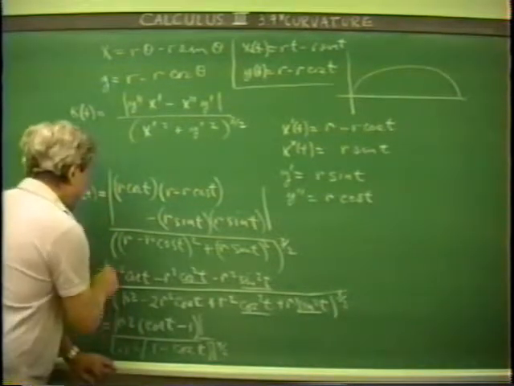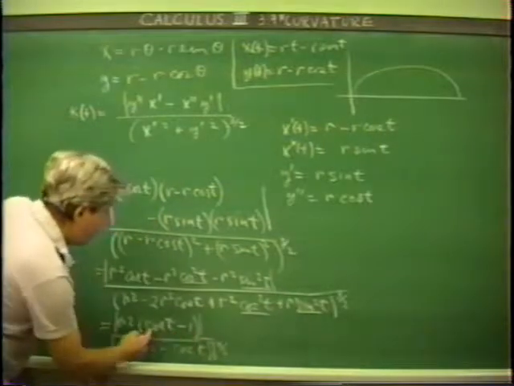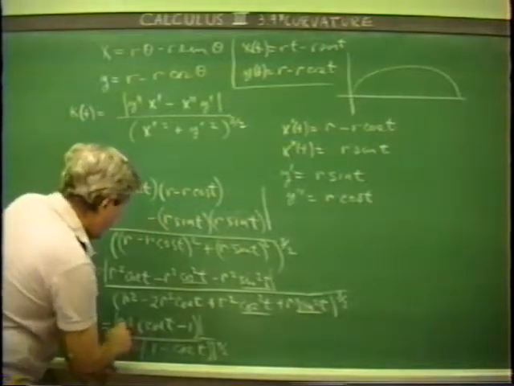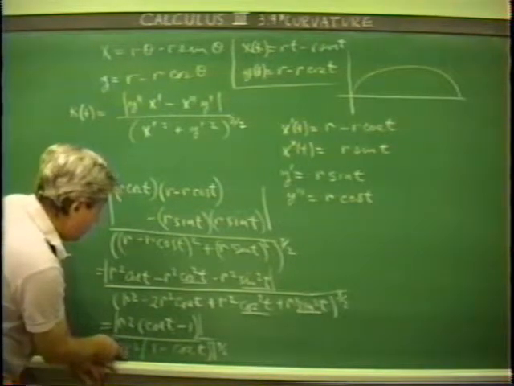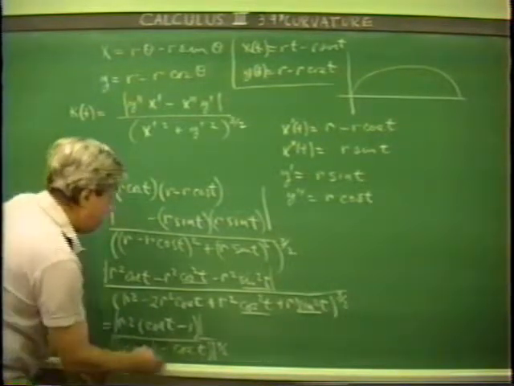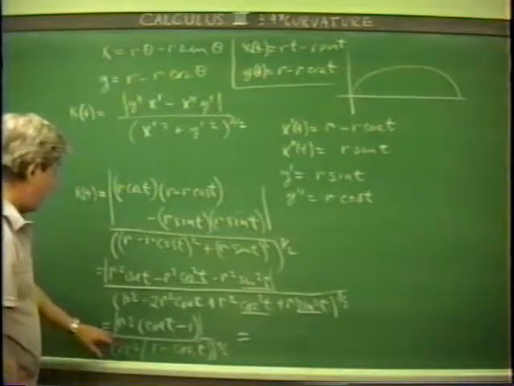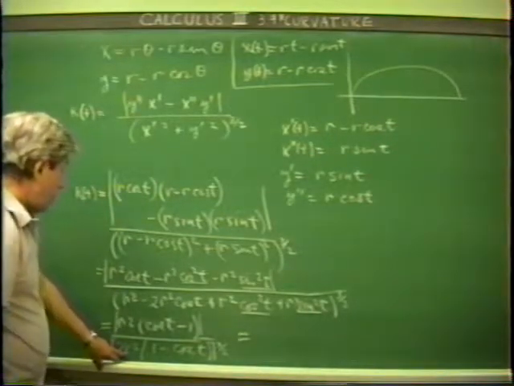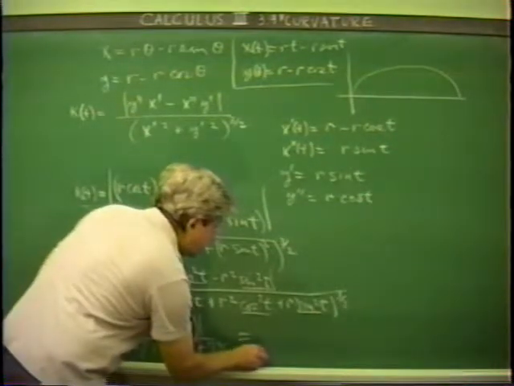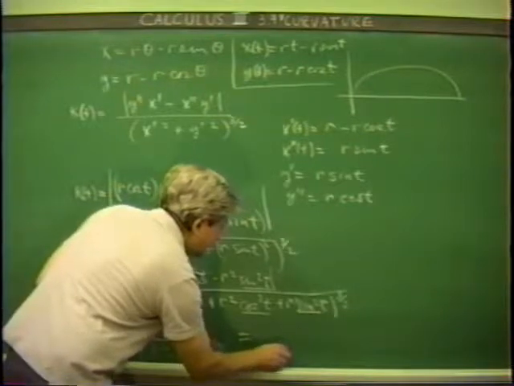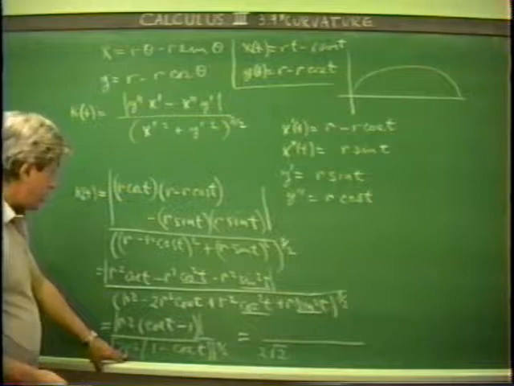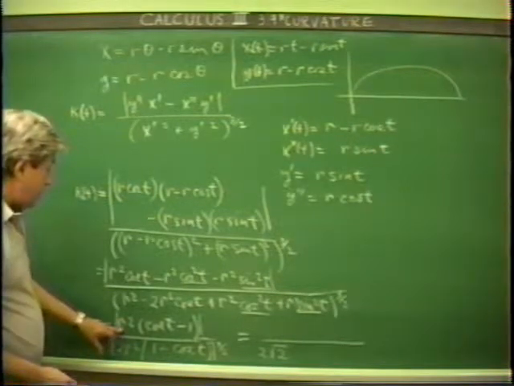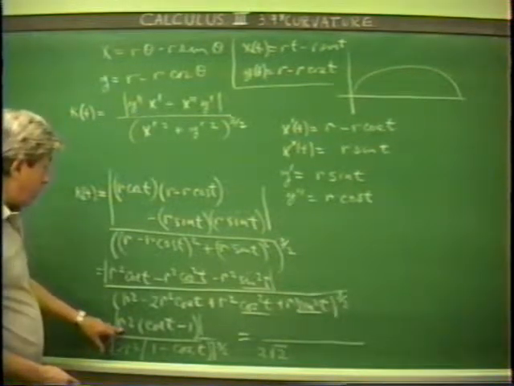What do we have here? We've got the numerator here in absolute value. So this is 1 minus cosine t, absolute value, times the absolute value of r squared, and we've got 2r squared to the 3/2 power here. So this is going to simplify some. We end up with 2 to the 3/2, so that's 2 square root of 2 in the denominator, first of all.